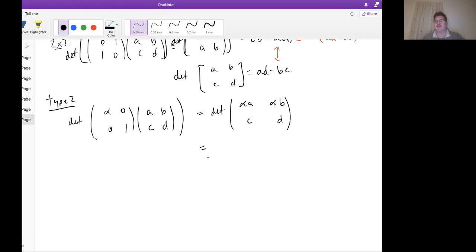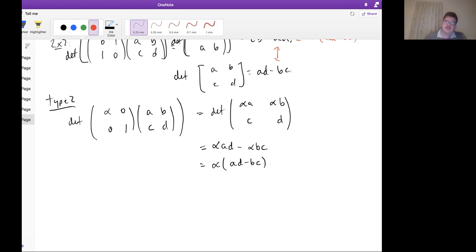Can someone read out the subtraction? Yeah, so it'll be alpha AD minus alpha BC, and then you can factor out an alpha with AD minus BC.